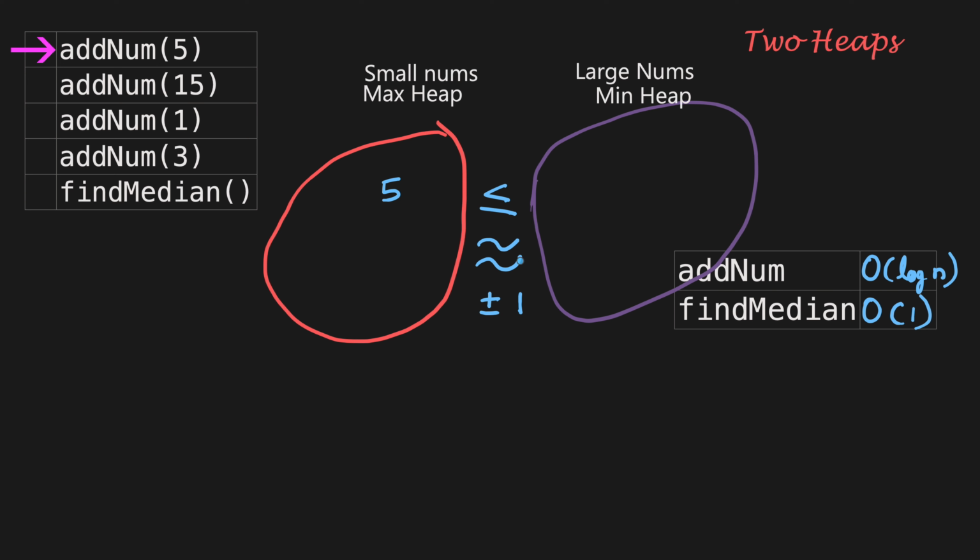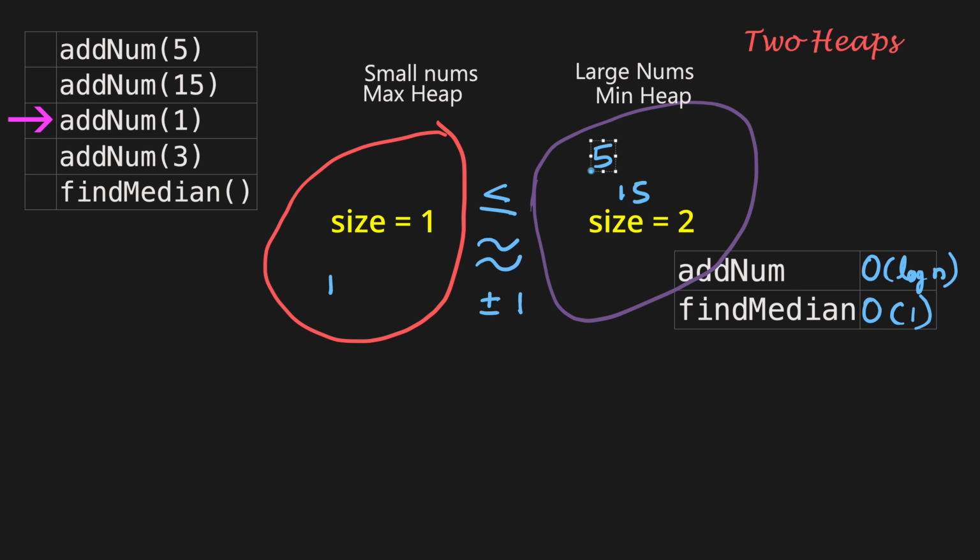Now let's continue with the rest of the example. Next, we add 15 to the small nums max heap and it becomes the new root. We move this root value to large nums, and since the heap sizes are equal, there is no need to rebalance. Next, we add 1 to small nums and we move the root of small nums, that is 5, to large nums.